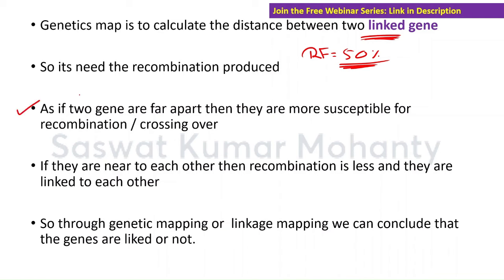No recombination means those offspring are parental type. They are exactly the same as the parent. If they have recombination, they will be your recombinant offspring.